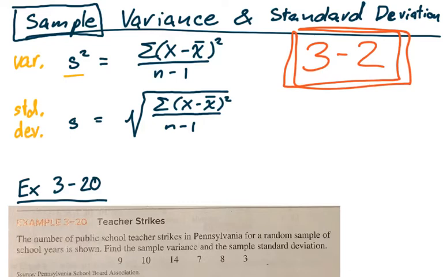I don't even really have to abbreviate it as std dev. I could just abbreviate it as S. That's standard deviation.